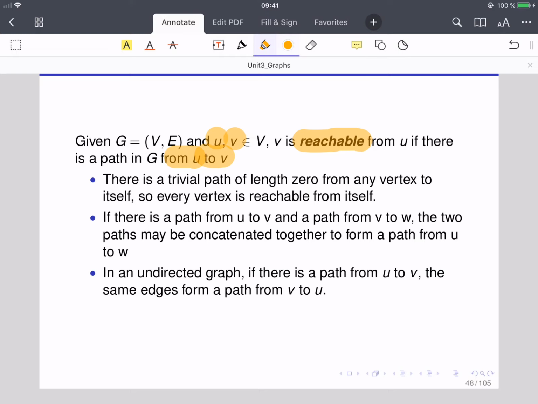Also, in unit 2, when we were eliminating useless symbols in formal grammars, we were looking for symbols that were not reachable from the axiom of the grammar, from the initial variable of the grammar. And in that case, the situation is exactly the same.